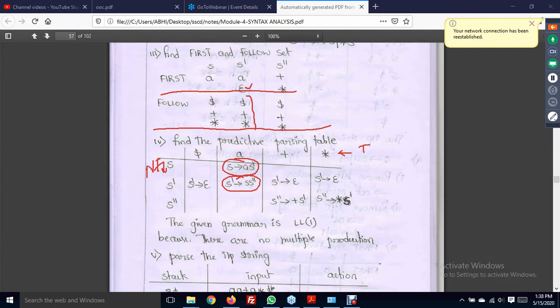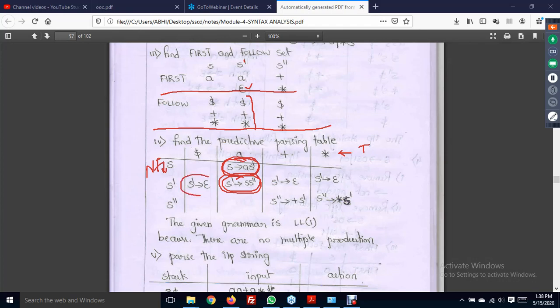So as I go with the first of S is A, for S of A, I need to insert the production S tending to A S dash. So next is A and epsilon, we will have production from S dash. So at A is where I insert S dash tending to S double dash production, and I also encountered epsilon, in the sense the production will be pushed to dollar, plus and star also.